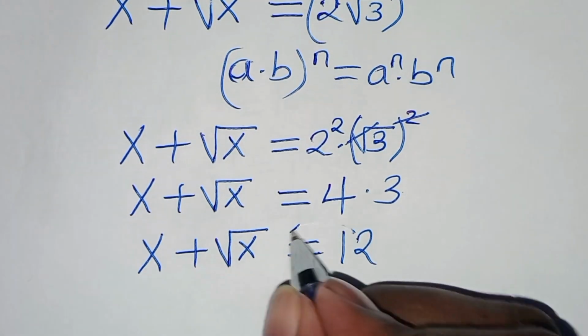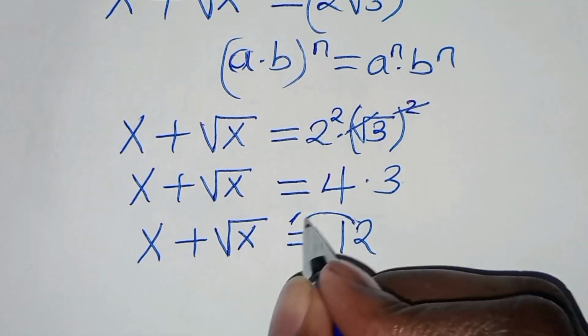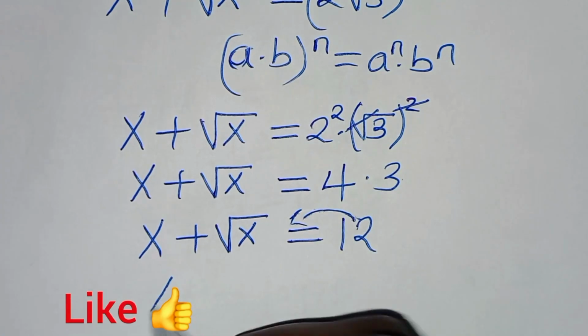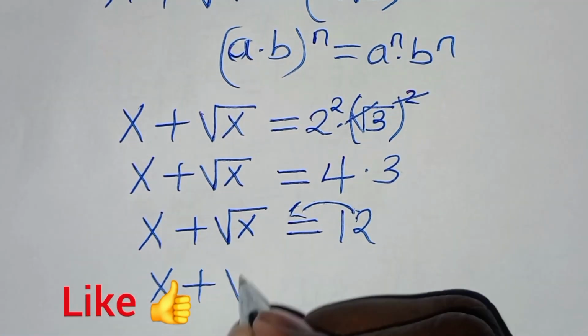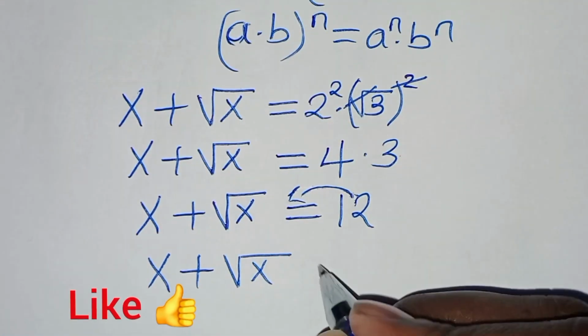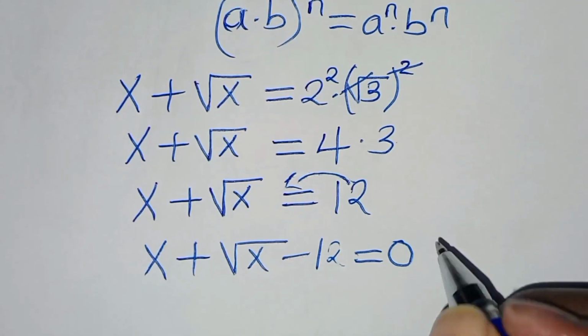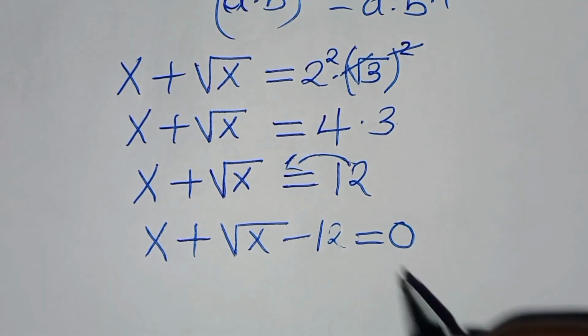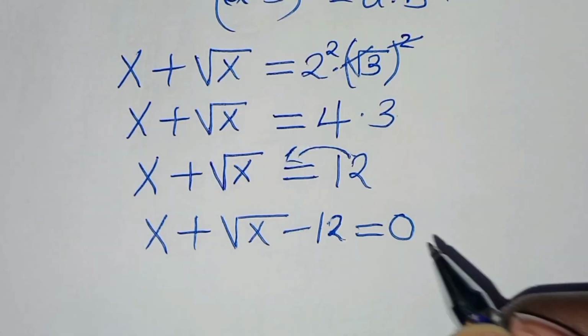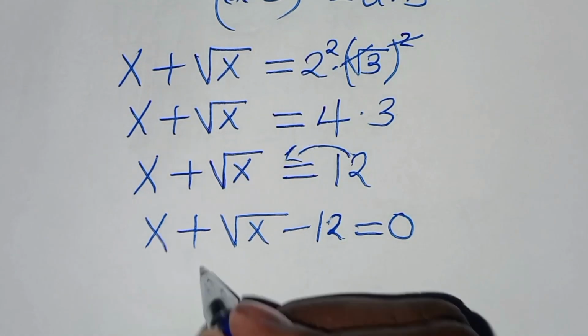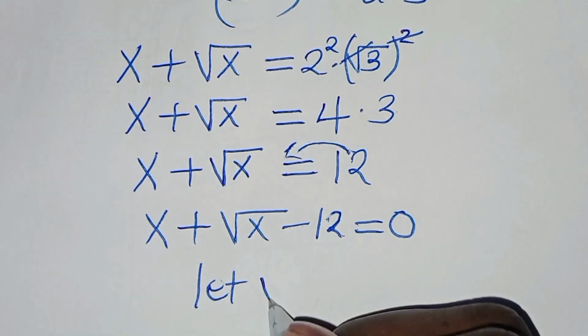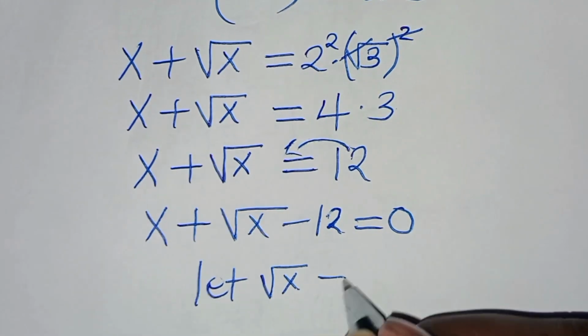Let's take 12 to the left-hand side, so that now we have x plus square root of x minus 12 equal to 0. From here, we can let square root of x be equal to m.